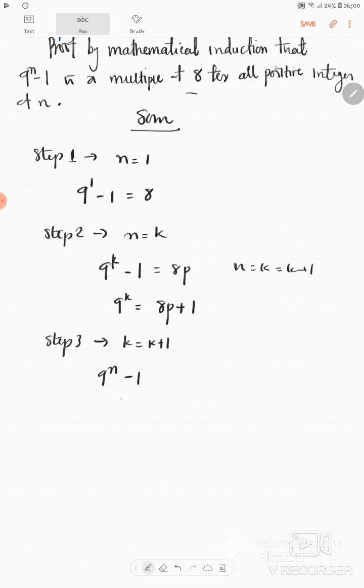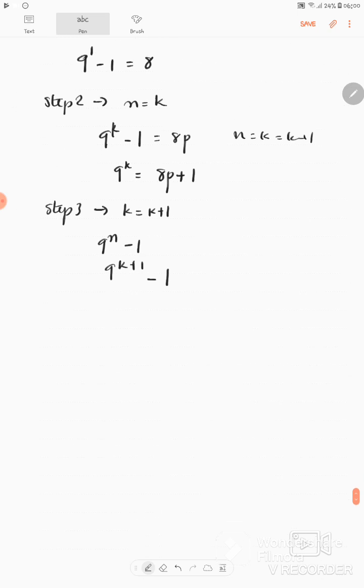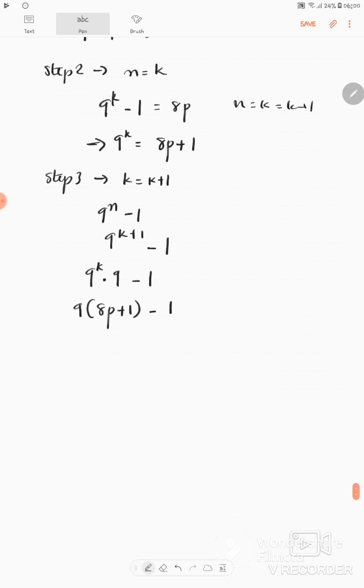So let's not stress ourselves, and let's change that to 9 raised to power k plus 1 minus 1. Using our law of indices, we can break this down to 9 raised to power k times 9, minus 1. Since you have found 9 raised to power k here, we can also say 9 open brackets 8p plus 1, minus 1.